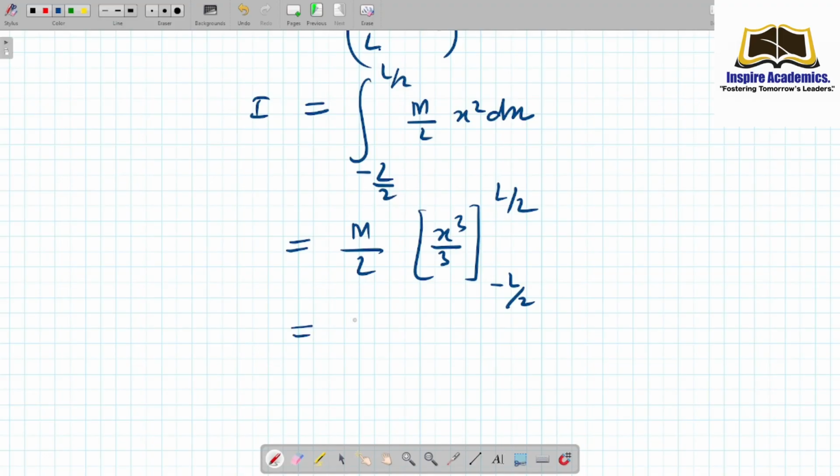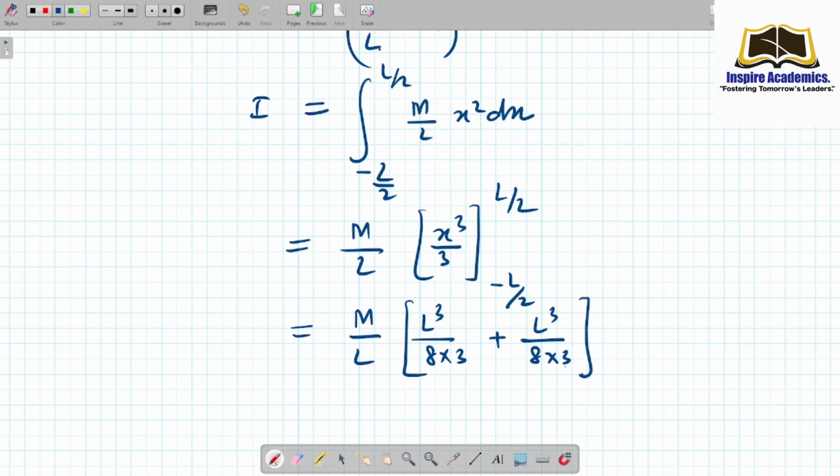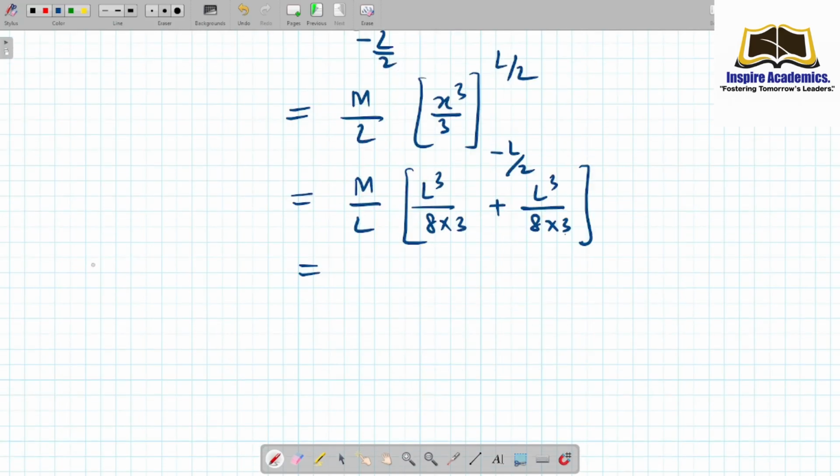And just put the value m upon L. This will become L cube upon 8 times 3, और माइनस माइनस प्लस हो जाएगा, L cube upon 8 times 3. m upon L ये हो गया twice L cube upon 24.